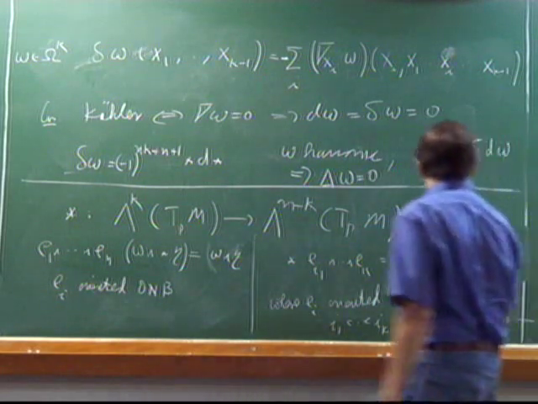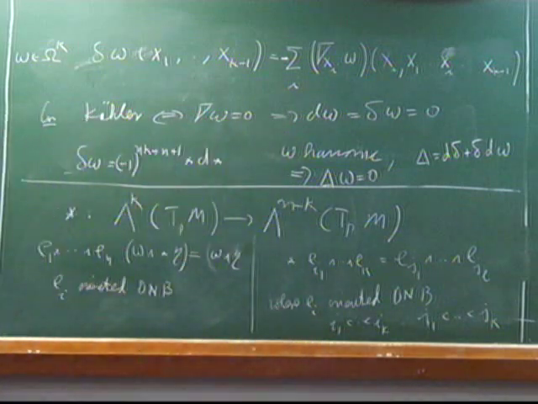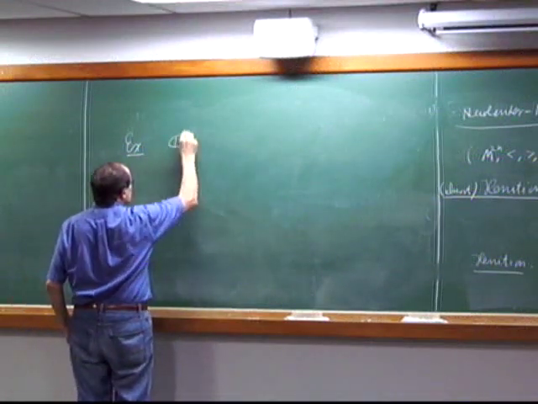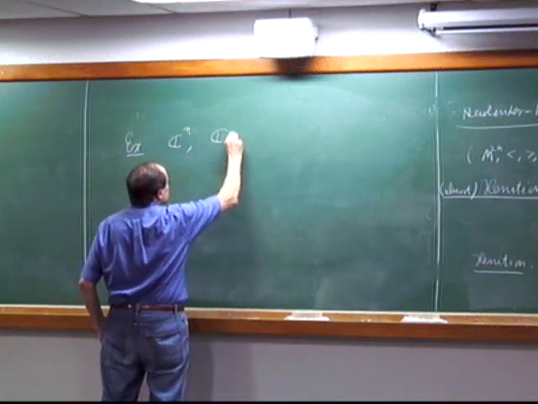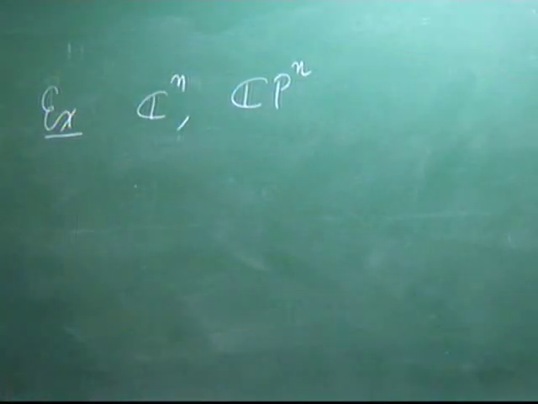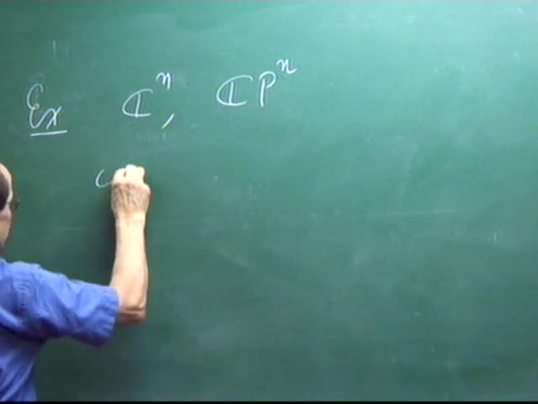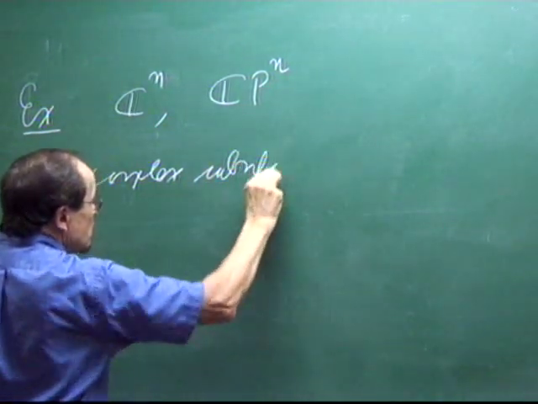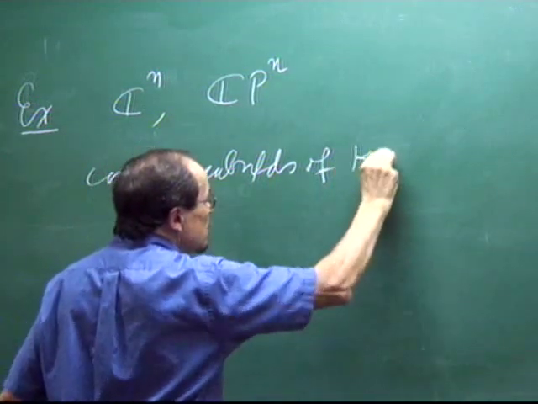And then the holonomy group. The most trivial example is C^n, and then the compact one is CP^n. These are the most basic examples of Kähler manifolds, and then complex submanifolds of Kähler manifolds.